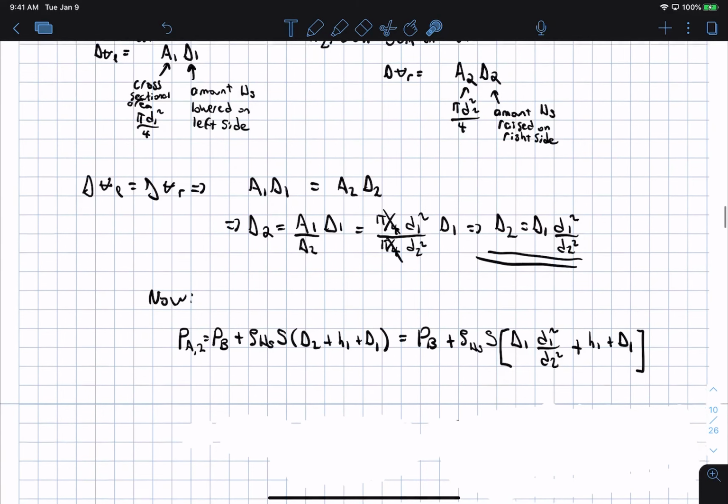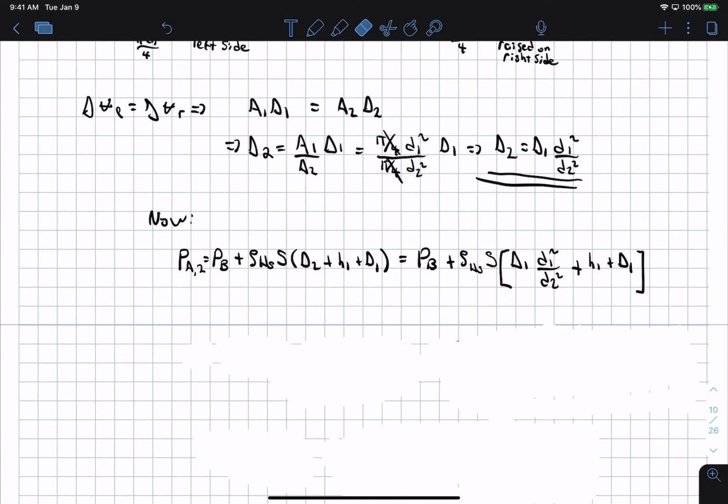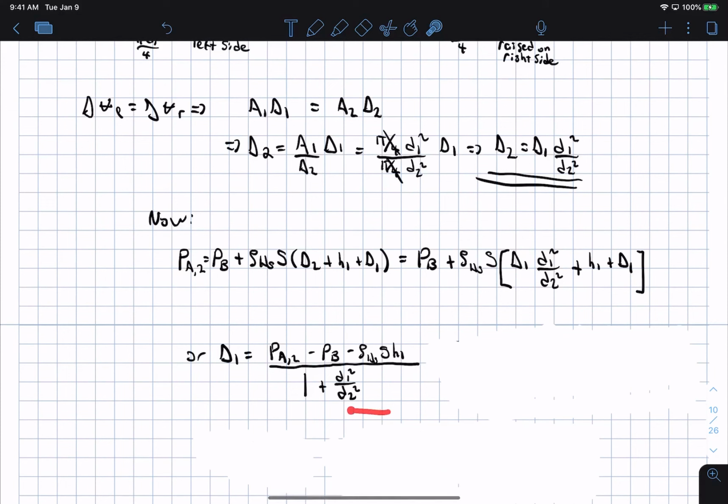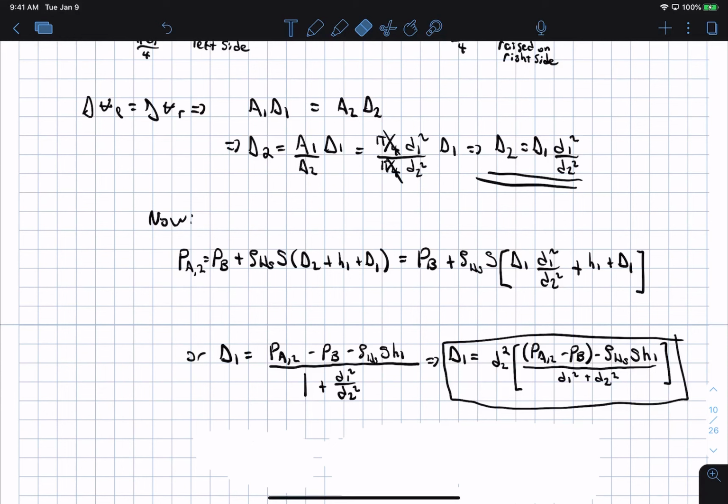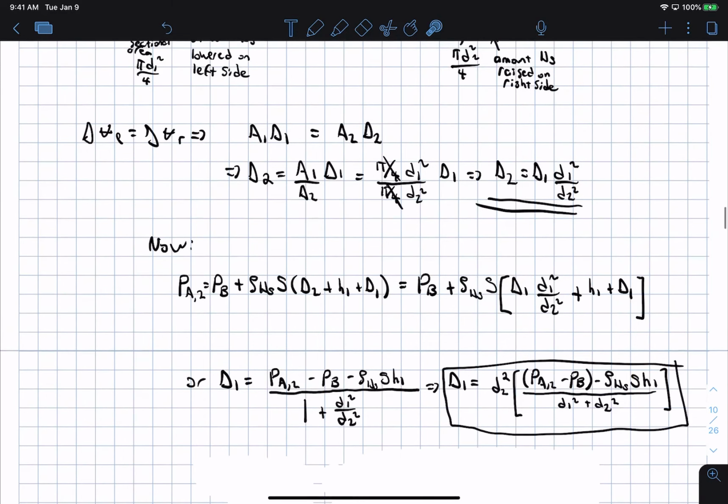Or I can solve for delta 1, and I got this, and I can simplify, and we can solve for delta 1 in terms of the pressure difference times the weight of the mercury times the diameters times d2 squared.